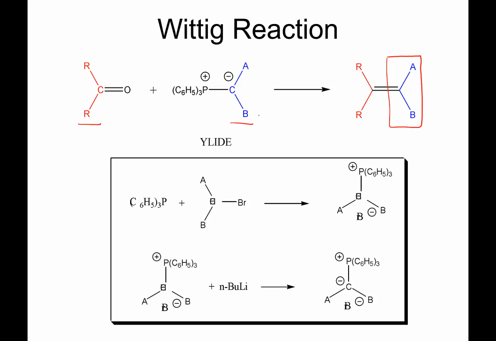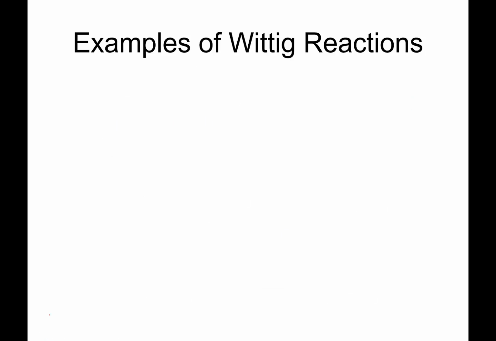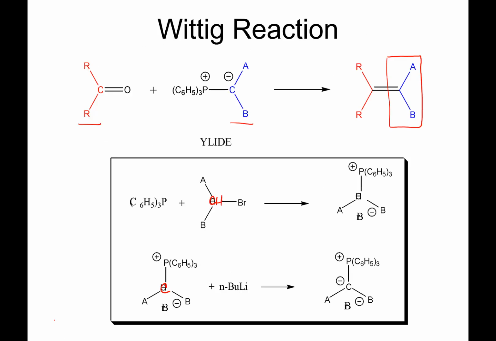Well, the first thing we do is we have to correct this. And we got a carbon here. So let me go through the mechanism of how this reaction works. So I'm going to give you the mechanism here. The first thing we have to prepare is what is called the ylide.